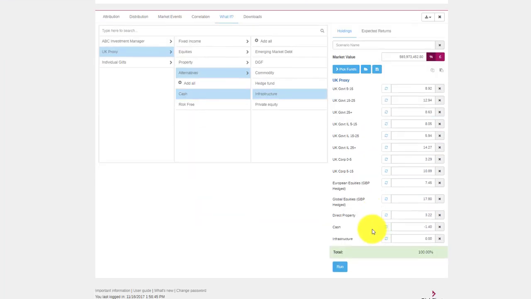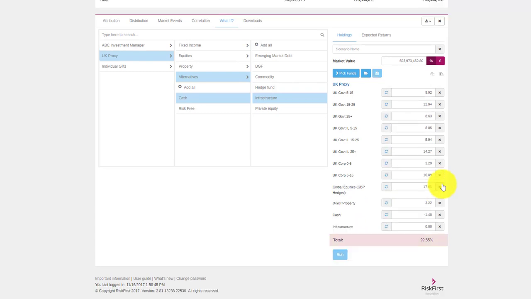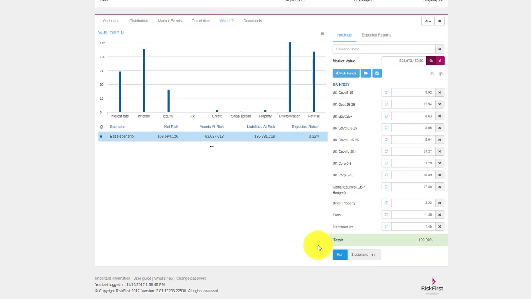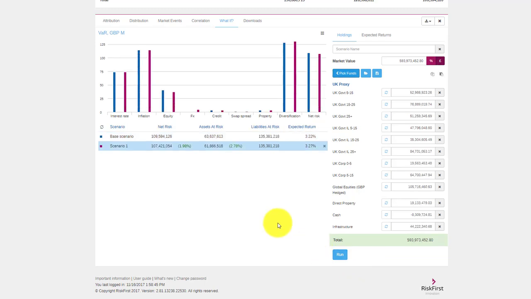Now let's sell off some of the equities and invest in infrastructure. Or you can evaluate the impact of adding a swap overlay to your portfolio.